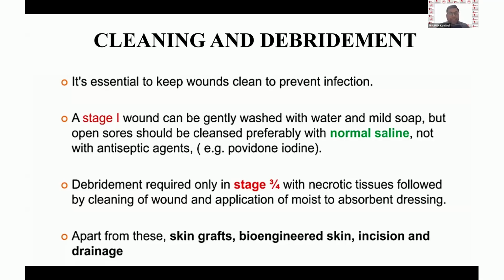Debridement is required only in stage 3 and 4 with necrotic tissue, followed by cleaning of the wound and application of a moist to absorbent dressing. Apart from these, skin graft, bioengineered skin, and incision and drainage are other parts of the management. If you find any pressure area having an abscess, it has to be drained so that it cannot harm the other areas of the skin.